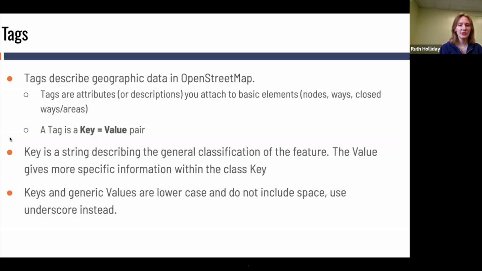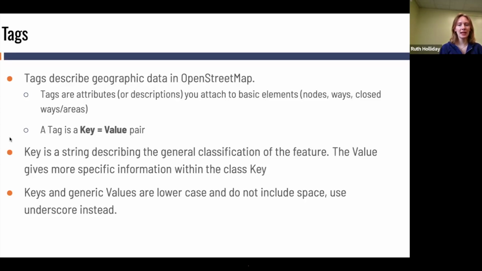Tags are used to describe geographic data in OpenStreetMap. Tags are attributes or descriptions that you attach to basic elements, such as nodes, ways, or closed ways and areas. A tag is a key equals value pair. For example, highway equals residential.